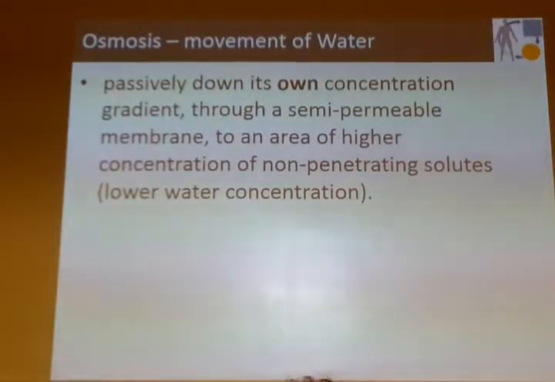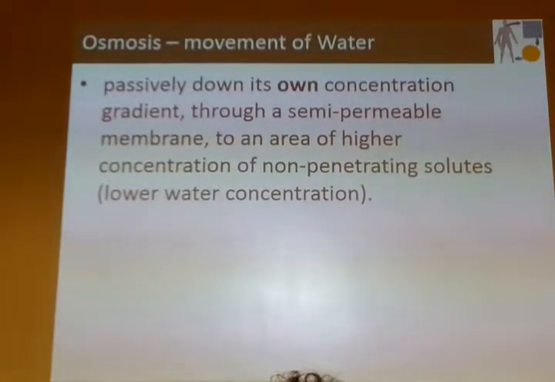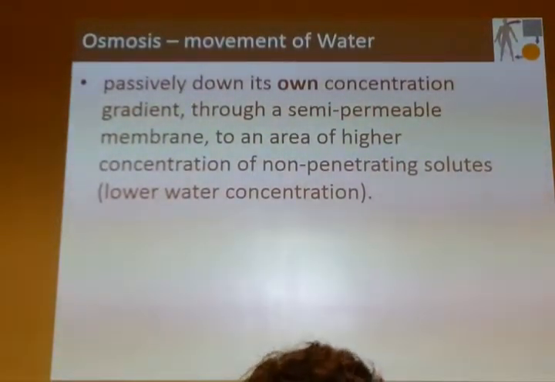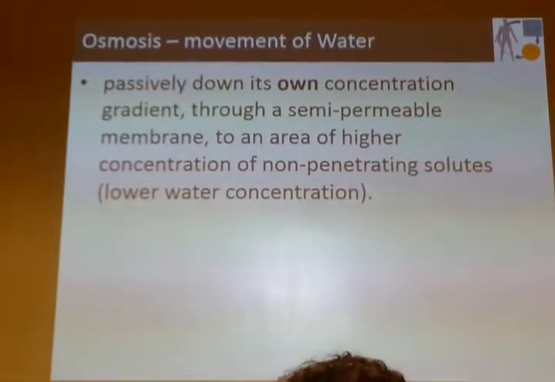So what happens to the red blood cell when water continues to leave towards this 0.5 molar solution? Crenate. So it starts to shrivel. And when it shrivels, what happens to its specific gravity? It gets denser. It gets heavier.